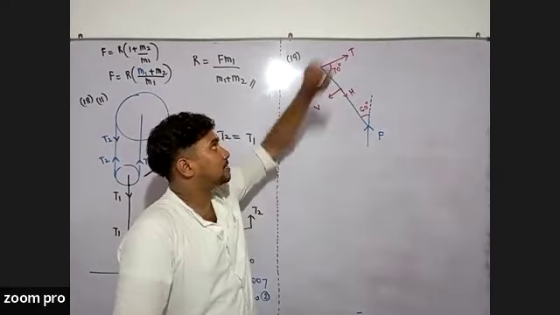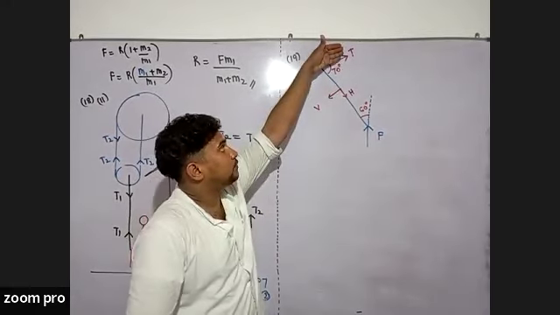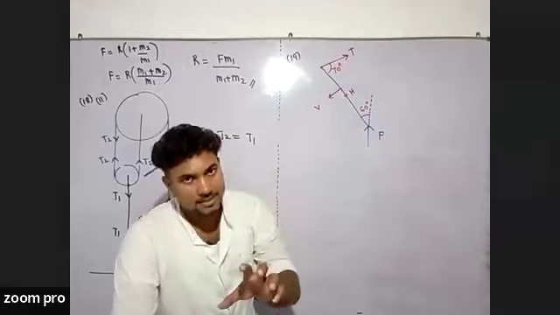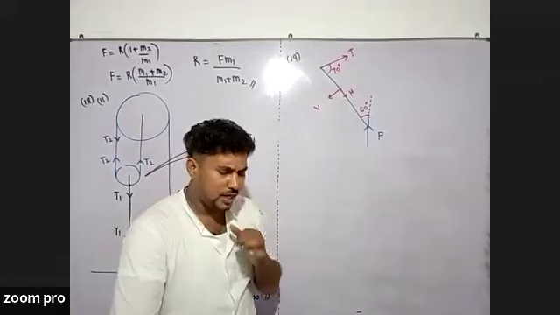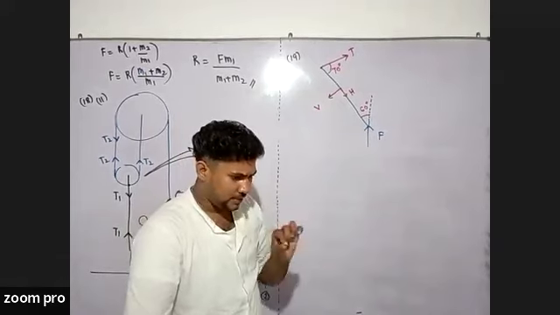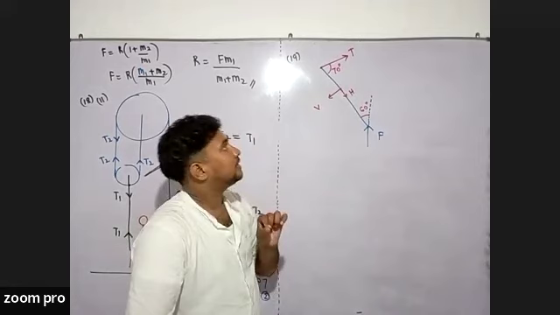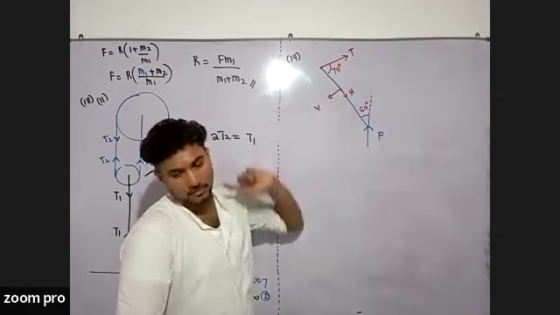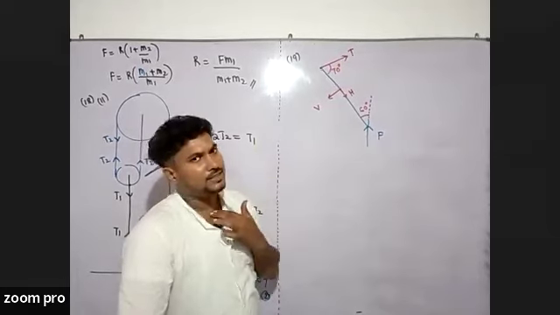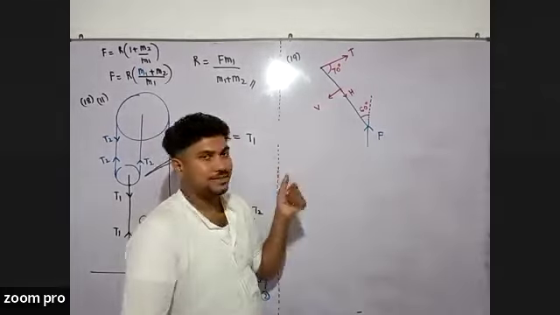The question is asking to obtain a value for T, but the answers are given in terms of F. So you have to identify that I need to consider the T and the F, not the H and the V. Now here the distance is given.